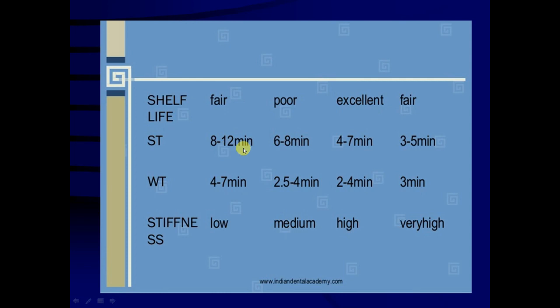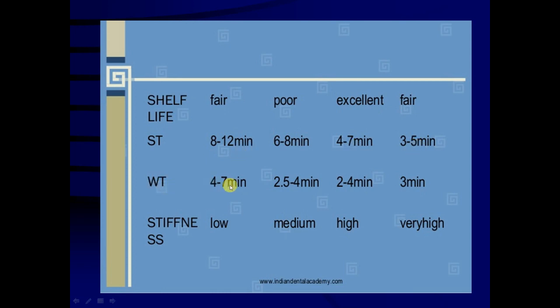Setting time: 8 to 12 minutes of the polysulfide. Condensation silicon has 6 to 8 minutes of the setting time, and addition silicon constitute 4 to 7 minutes of the setting time, and polyether ranges from 3 to 5 minutes.